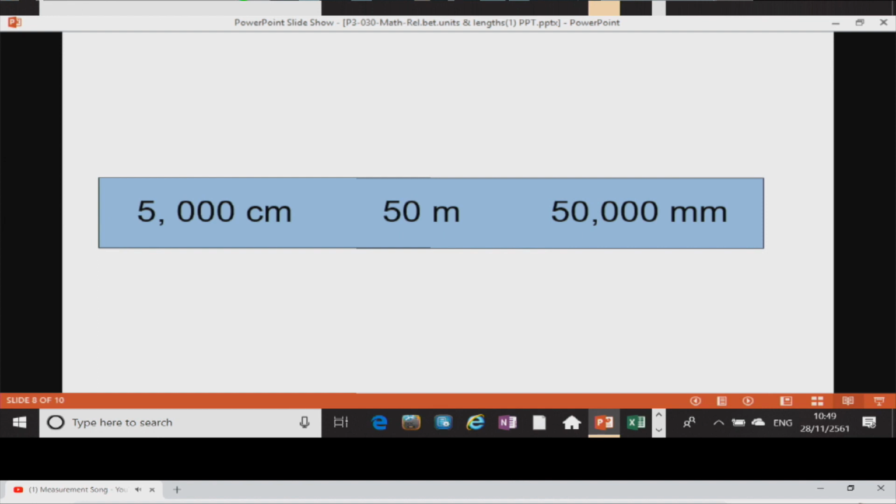That one okay? Yes. That one's okay. They're all the same. It's different units of length, but it's the same length. Centimeters, meters, and millimeters. Yes, different amounts, but the same length.